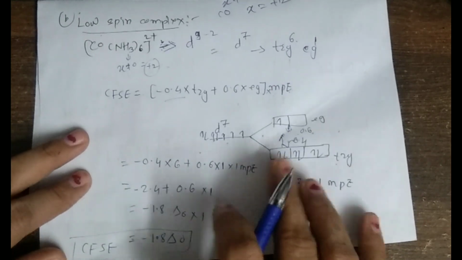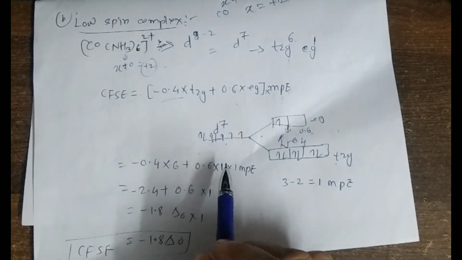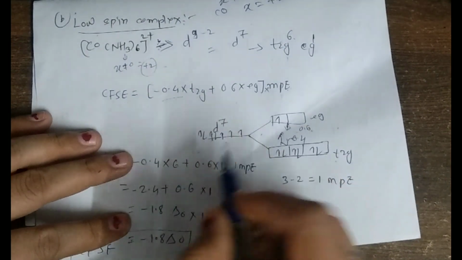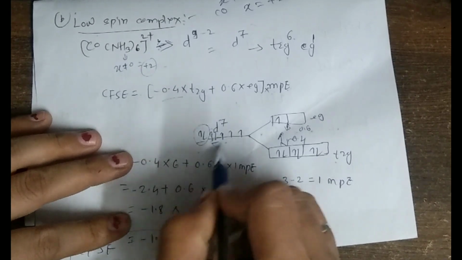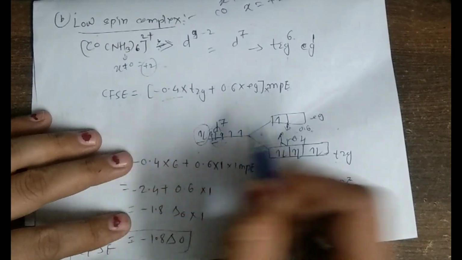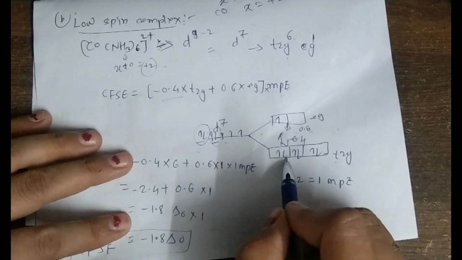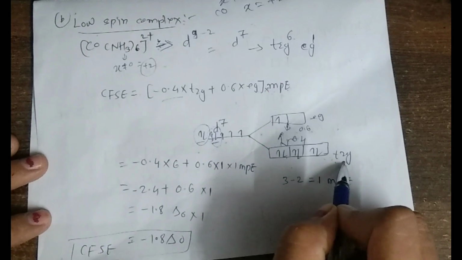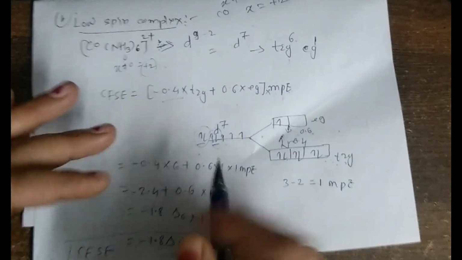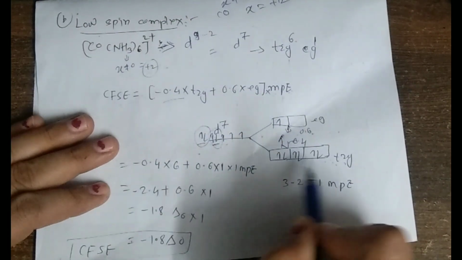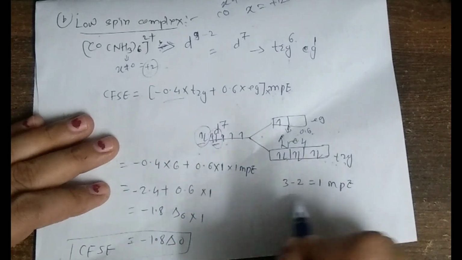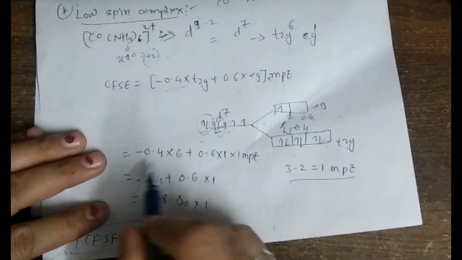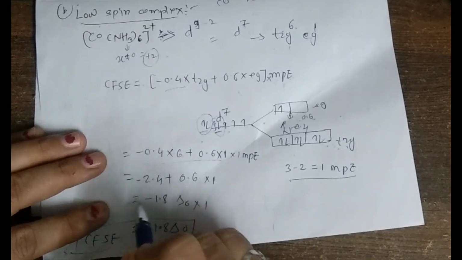In this case, why is the mean pairing energy given? Because in this d7 complex there are paired electrons, and in the T2g set of orbitals three paired electrons are given. Here we have to subtract 2 from 3, after which one pairing energy comes, so we have to multiply with it.